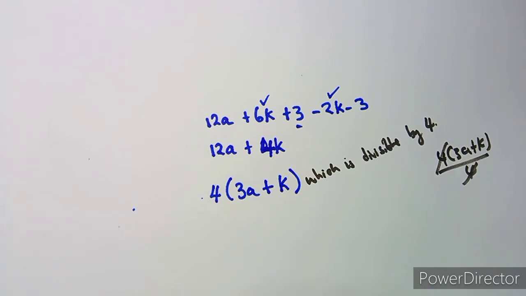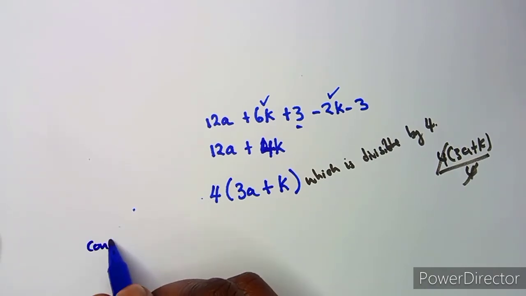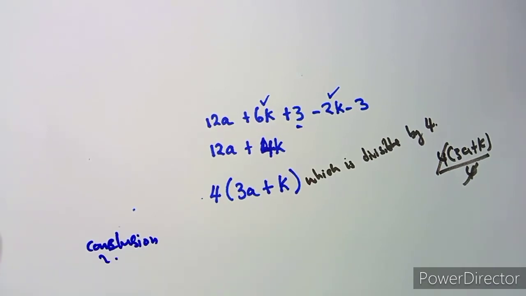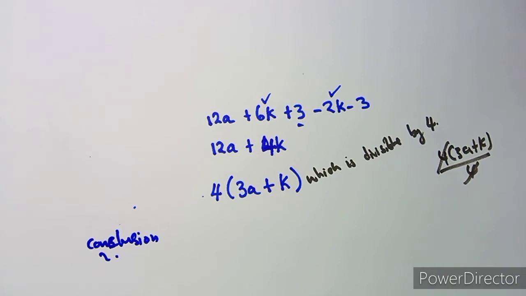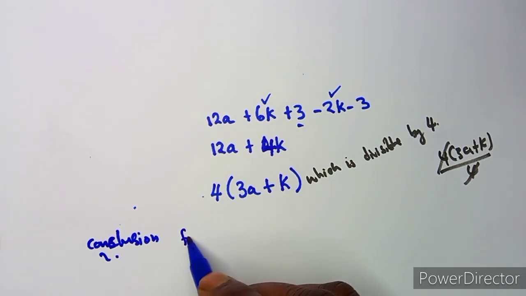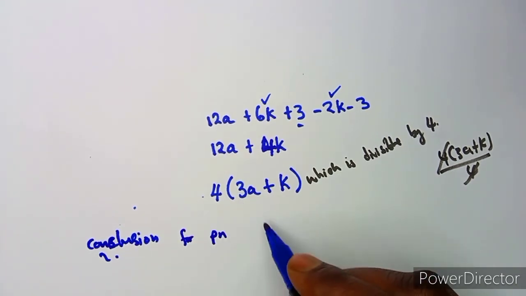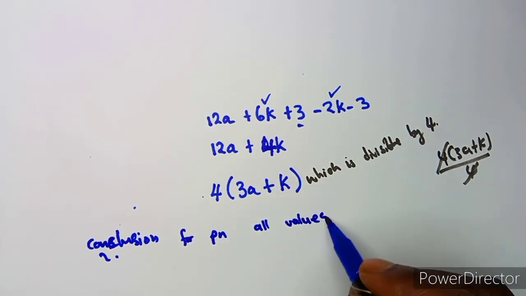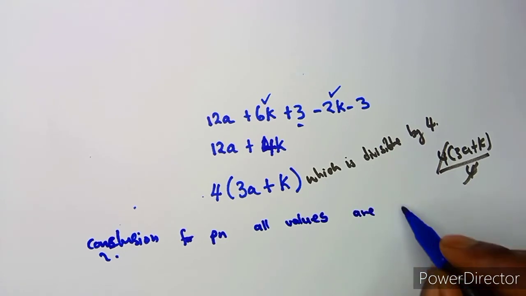So the conclusion, you take from those conclusions that I showed you guys. You just take any one from those. So I'm going to take the first one, which is for Pn, all values are true.